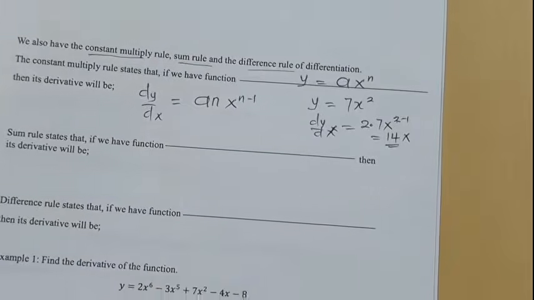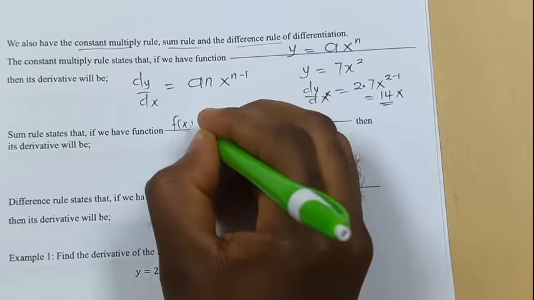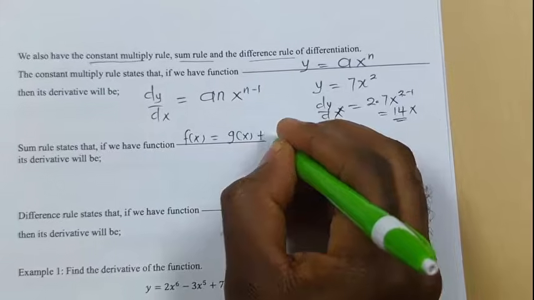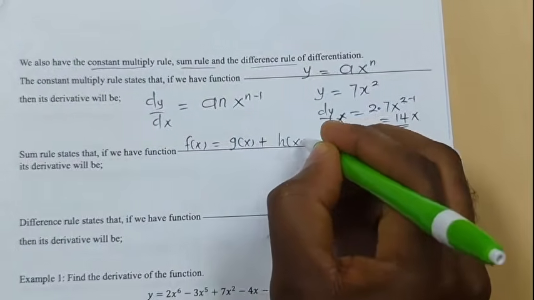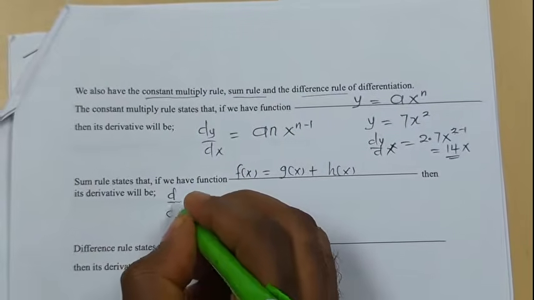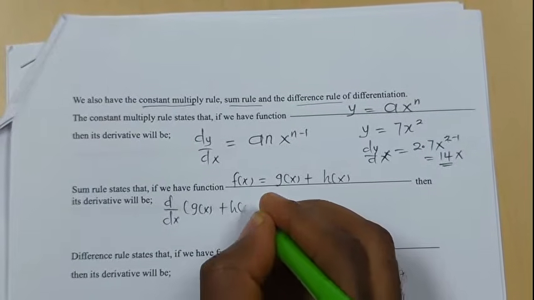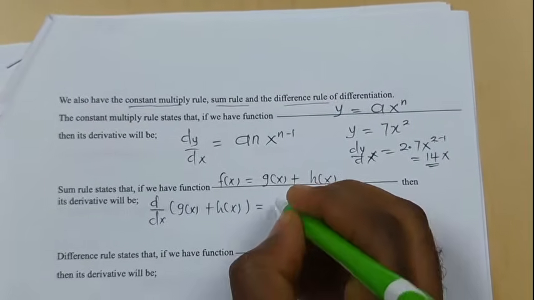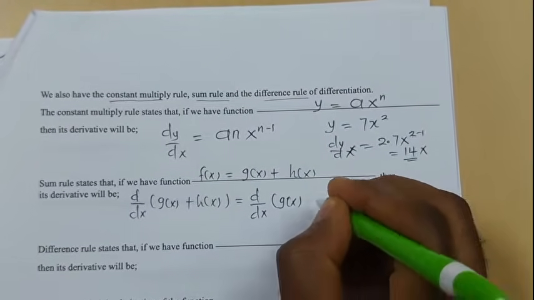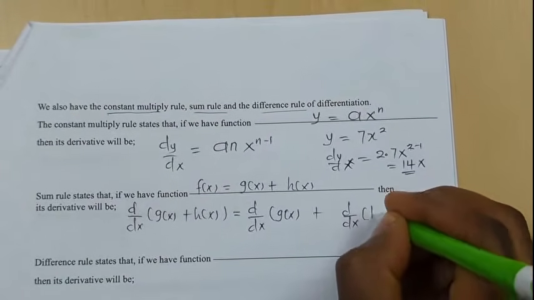So the sum rule also states that if we have a function f of x equal to g of x plus h of x, then the derivative of this function, that's d over dx of g of x plus h of x, is equal to d over dx of g of x plus d over dx of h of x.